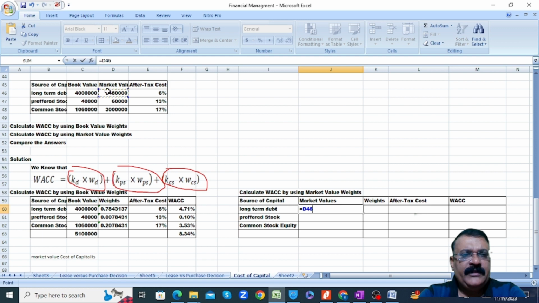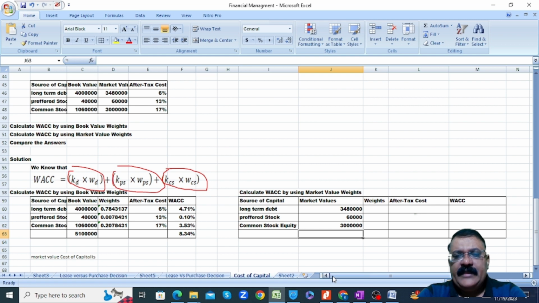We have market value 34,80,000, then 60,000 for preferred stock, and market value of common stock, that is 30 lakh. We have a sum of all these values.